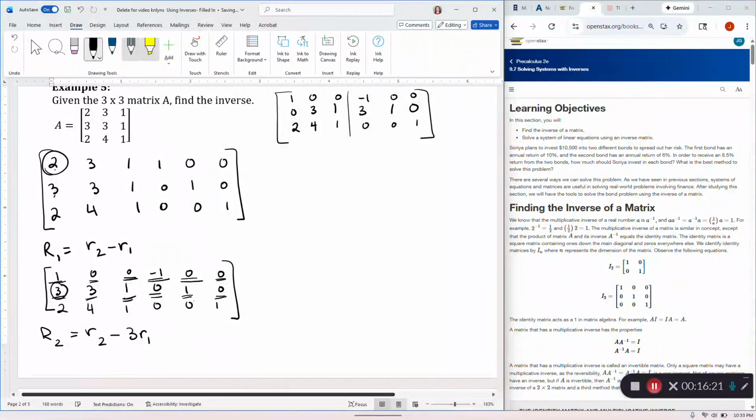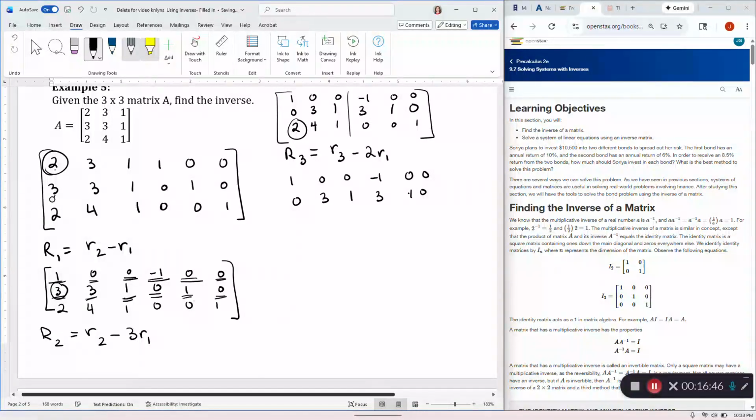All right. Now 0. So row 3 minus 2 row 1. 0, 0, negative 1, 0. I'm not changing this row, so leave it like that. Third row is the one change.